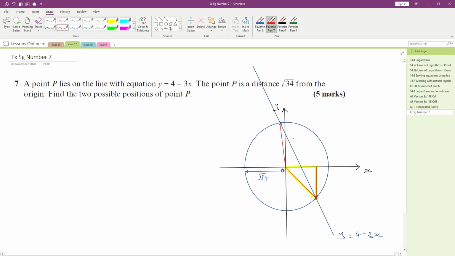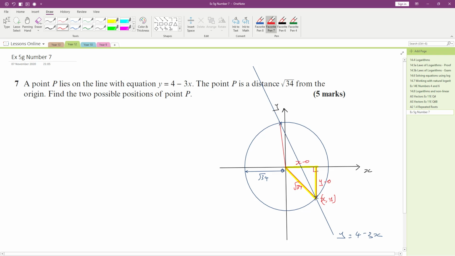So that means this distance from the center of the circle to the intersection is square root of 34. This distance here is from 0 on the y-axis to a point y. We call this point, say, x, y. So this distance here is going to be y minus 0, and this distance here is going to be x minus 0. Now we've got a right angle triangle, so I can use Pythagoras.